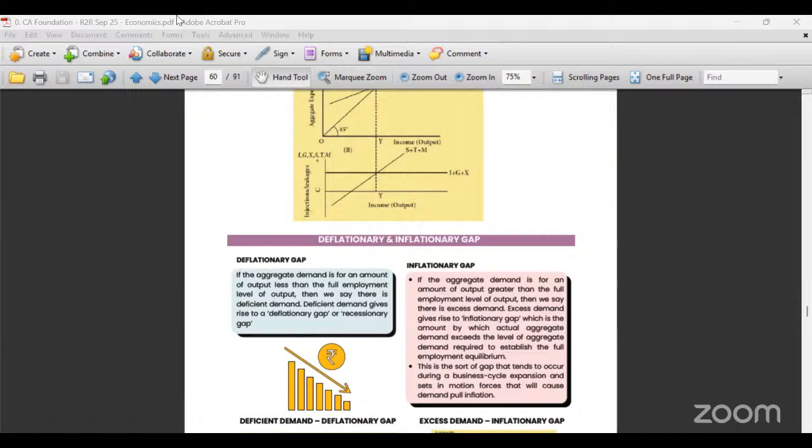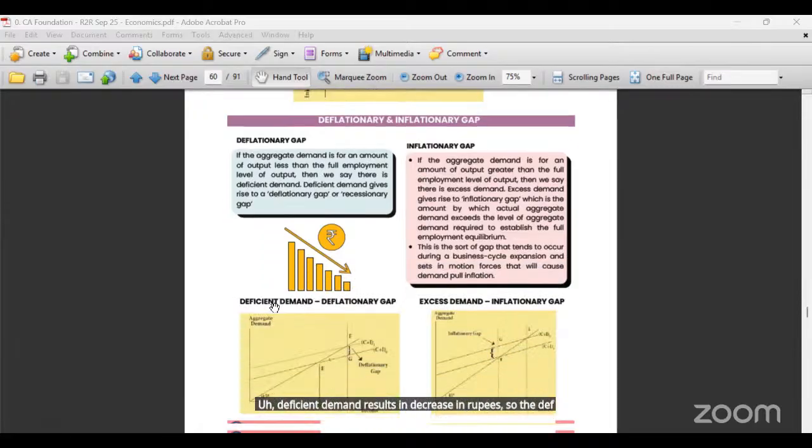Excess demand results in increase in the price and inflationary gap takes place. Deficient demand results in decrease in price, so the deflationary gap takes place.